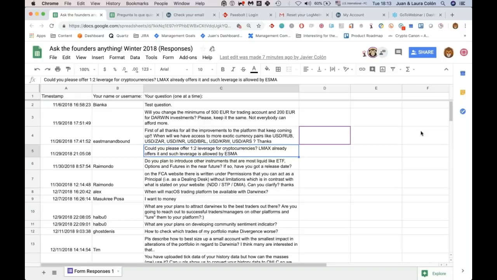We don't control these restarts, so we could not be sure to offer 24-hour trading around the weekend. That's the reason why we decided not to open it. Okay, so that's that, and we don't really have plans to change that in the future. I mean, we think 1-to-1 is plenty of leverage with cryptocurrencies as well, in order to make good returns, to be honest.